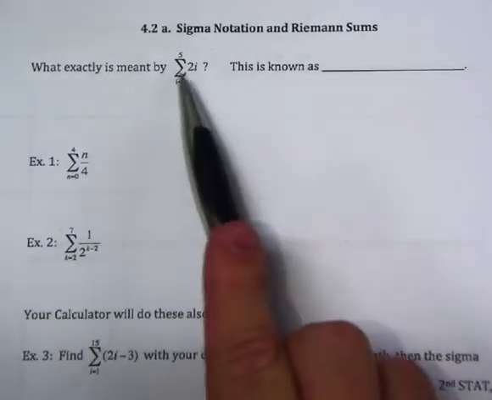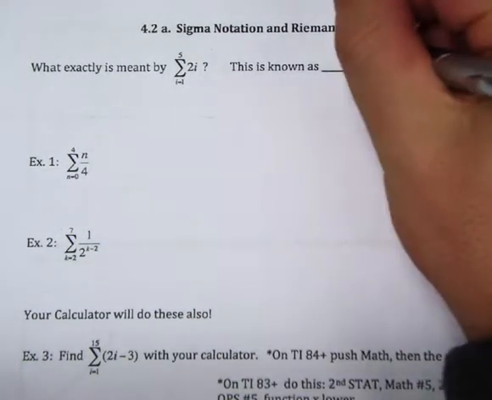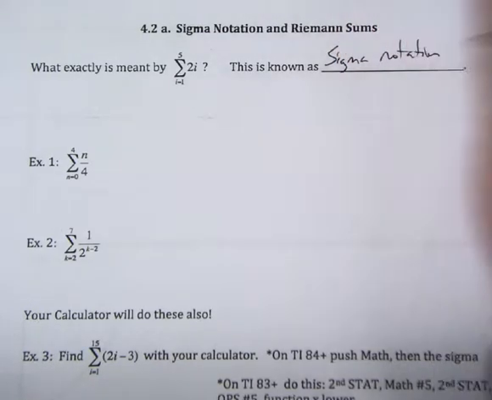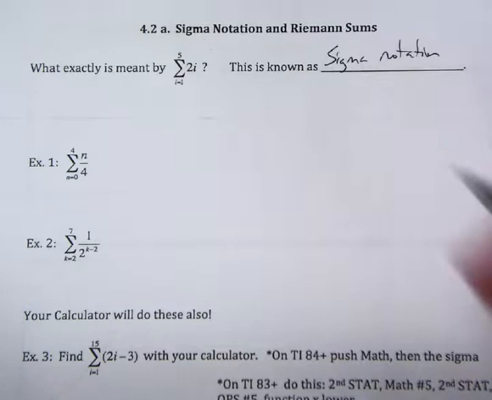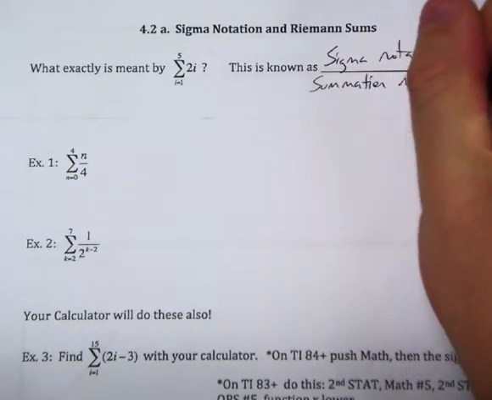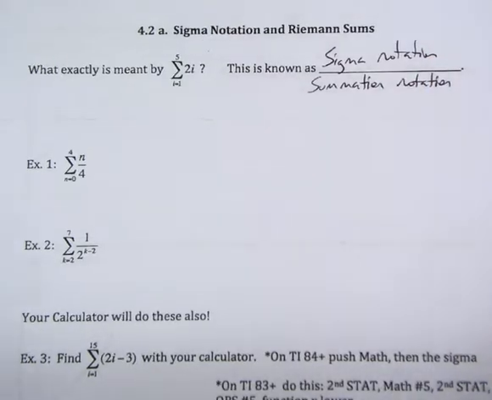So this right here is known as sigma notation, otherwise known as summation notation. So when you see sigma, thinking back to algebra 2, at least I know in algebra 2 honors, and I think you do it in regular algebra 2.